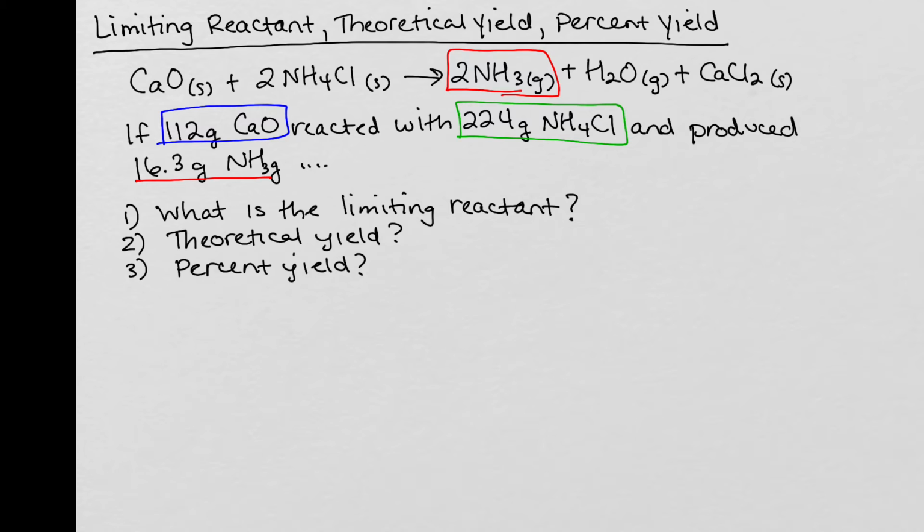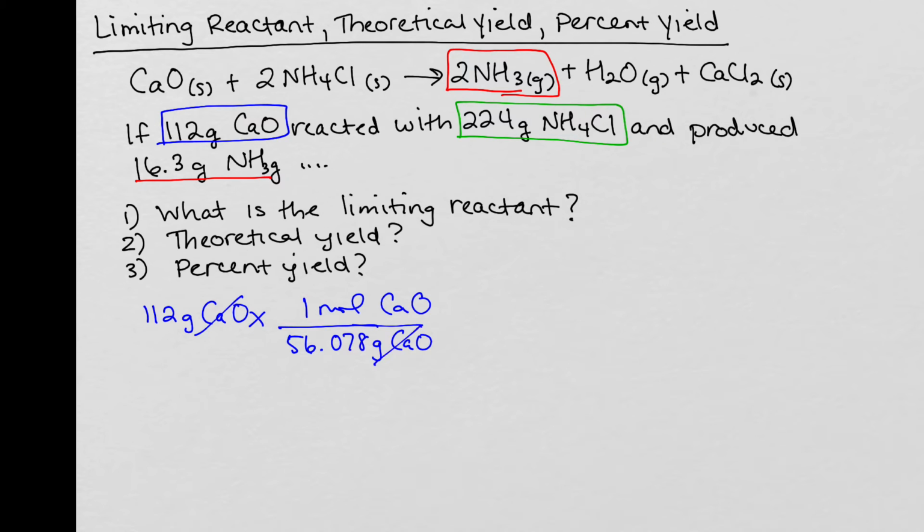So I'm going to start with the calcium oxide, 112 grams of calcium oxide, and I want to figure out how much ammonia, NH3, I can make with this. So I use the molar mass of calcium oxide, which is 56.078 grams in every 1 mole.